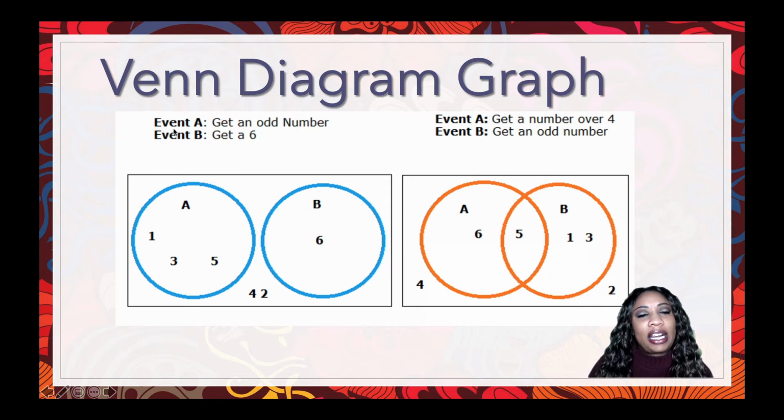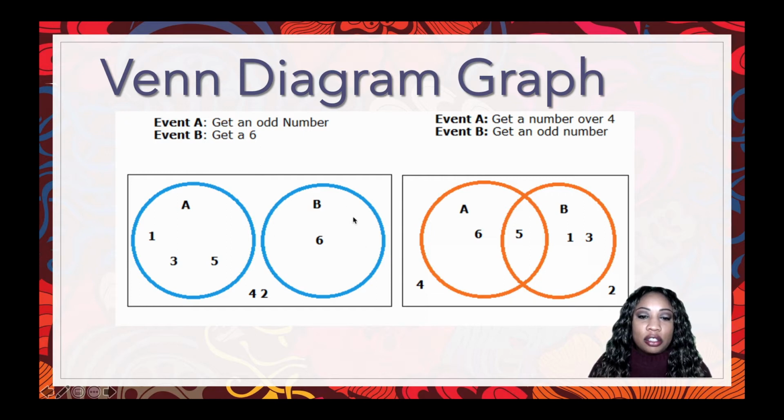So if I have a dice and I roll it, and the first thing that I want to label for event A is if you get an odd number. So in my circle A, I'm going to write down my odd numbers, which would be 1, 3, and 5. And then the event B, or the probability of B, I want to see the probability that I get a 6.